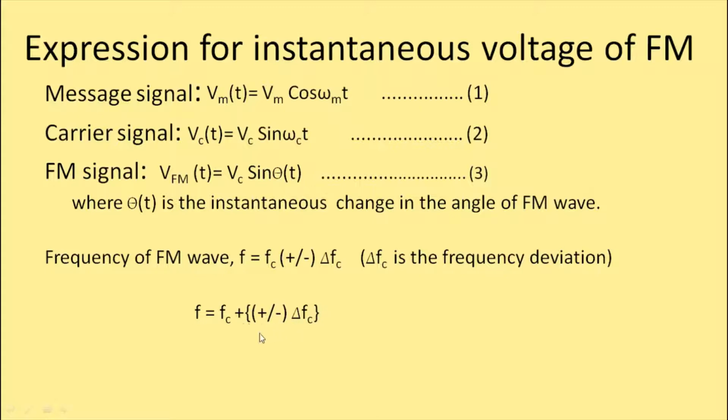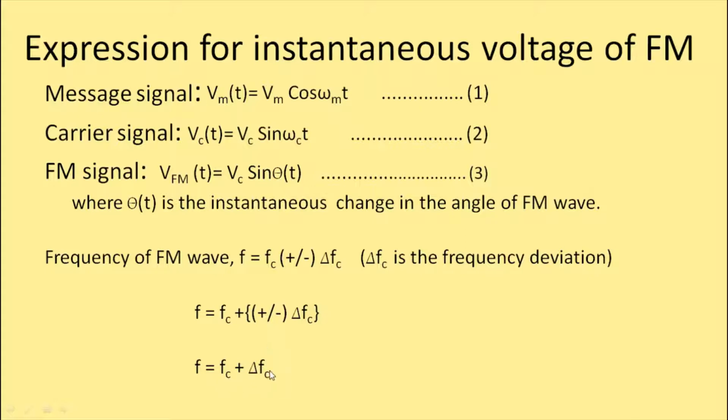Now what I have done here is, instead of taking plus or minus of delta Fc, I have given a general expression as Fc plus something. Now this something could be the positive side of delta Fc or the negative side of delta Fc. This is nothing but a simple mathematical representation. So here I have given the overall representation for the FM signal as F is equal to Fc plus delta Fc.